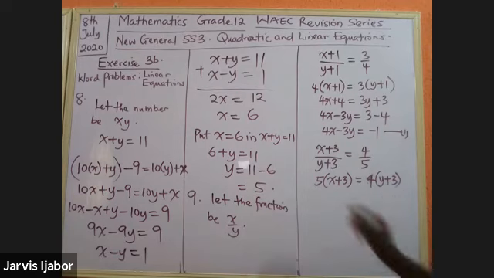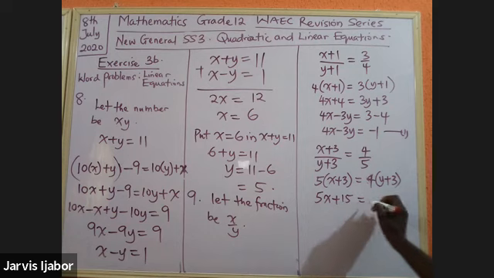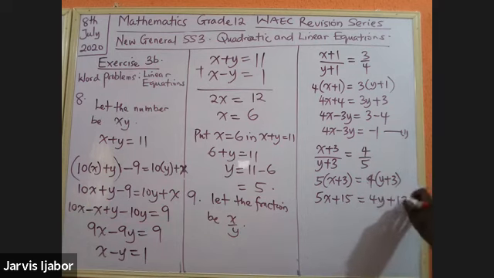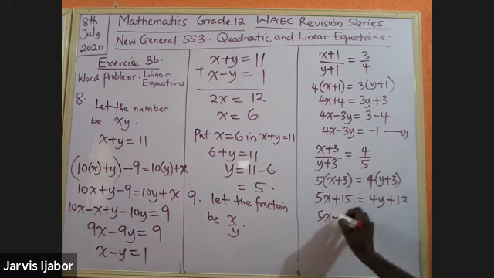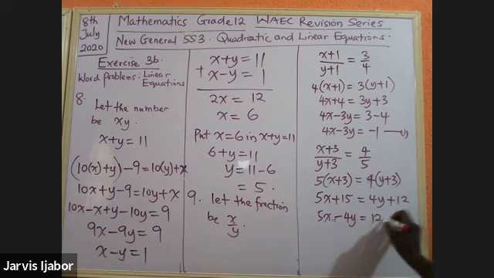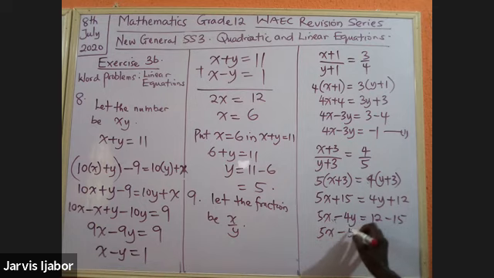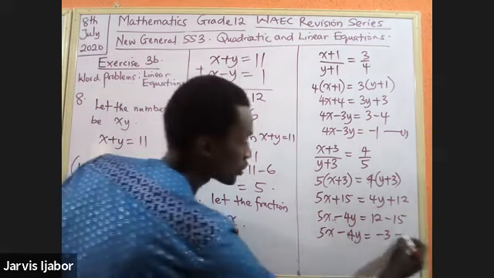That will give you 5x plus 15 equal to 4y plus 12. So 5x minus 4y will now be equal to 12 minus 15. Meaning that 5x minus 4y will be equal to minus 3. So that's what you're going to have there for that one, and that invariably will be your equation 2.